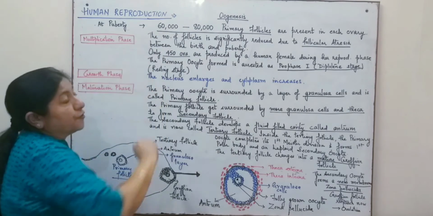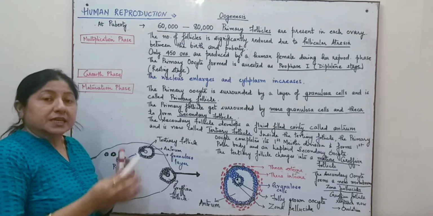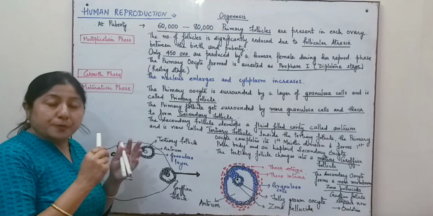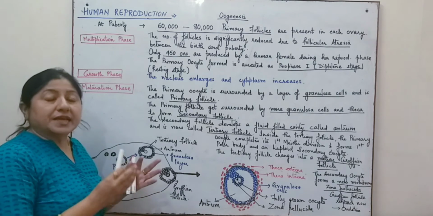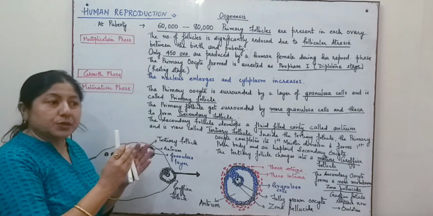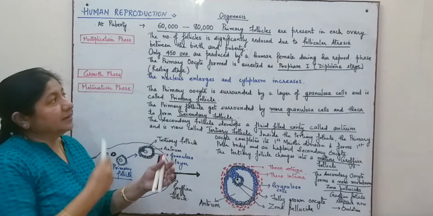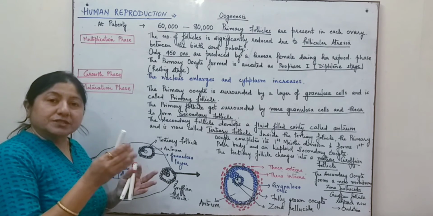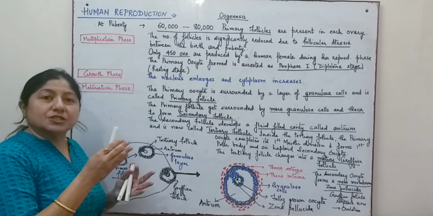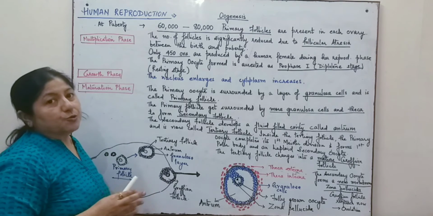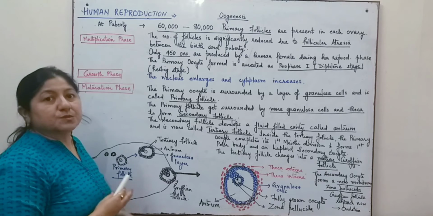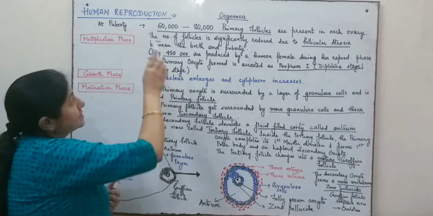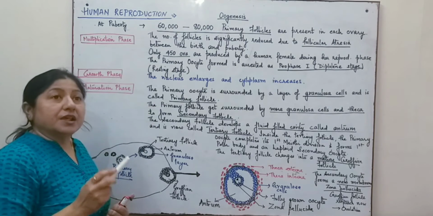The number of follicles is significantly reduced due to follicular atresia that takes place between birth and puberty. Atresia is a phenomenon that is the degeneration and the removal of the primary follicles by the phagocytic cells. So this number is significantly reduced.